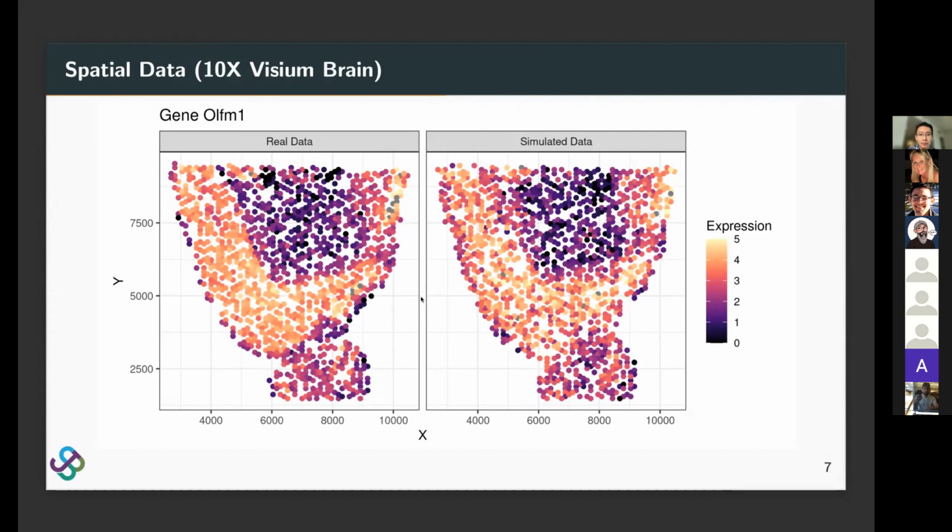We can see the basic spatial pattern has been preserved in our new simulated data. A not very good thing is that the boundary is not as clear as in the real data, but this is what we can expect because for the spatial data, we use a 2D smooth surface to approach the real data distribution. But in general, the results look pretty good.